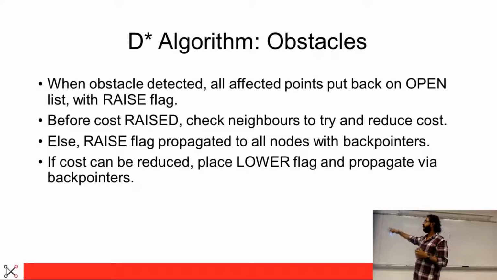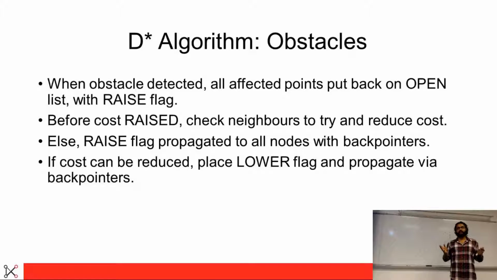That's what it means to propagate the raise flag to all of the back-pointed nodes. If, after you come here, you can change the cost, only up to here do you have a higher cost. After that, the cost is lowered so that now you know that this is a good path. Wherever you can lower, you lower.